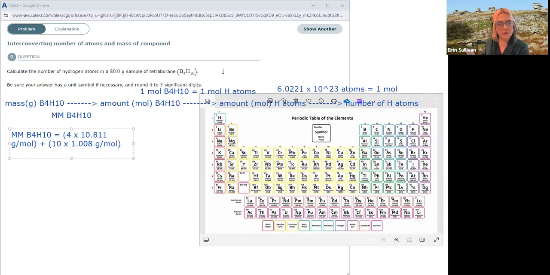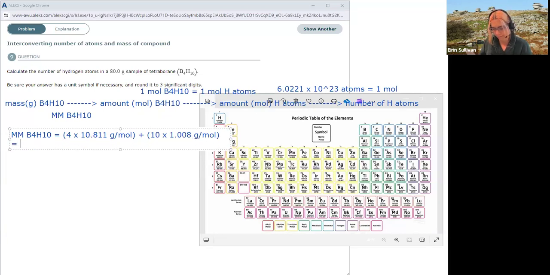So that should come out to be, grab my calculator and I'll tell you, 4 times 10.811 plus 10 times 1.008. Oh, my bad. I think it's about 53.324 grams per mole. If I got that wrong because I can't read small things because I'm ye olde professor, then whatever, right?